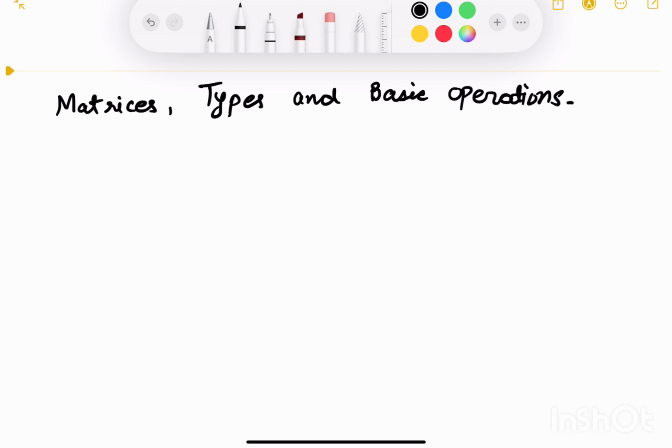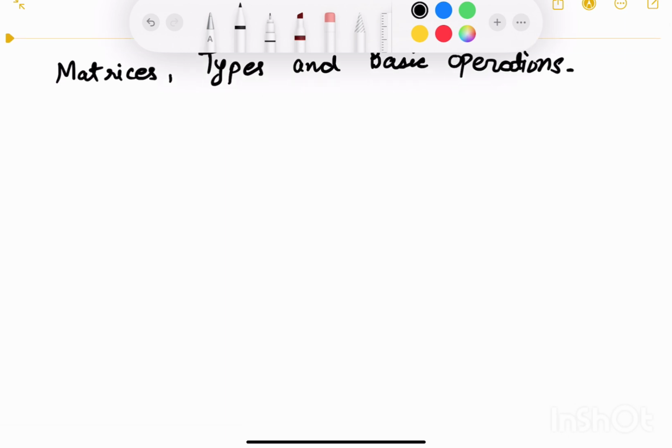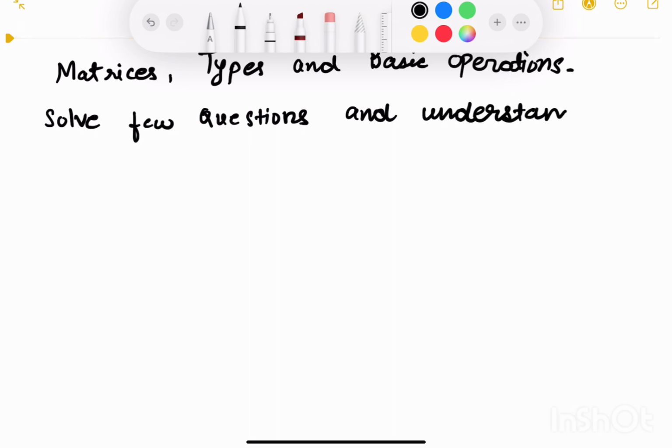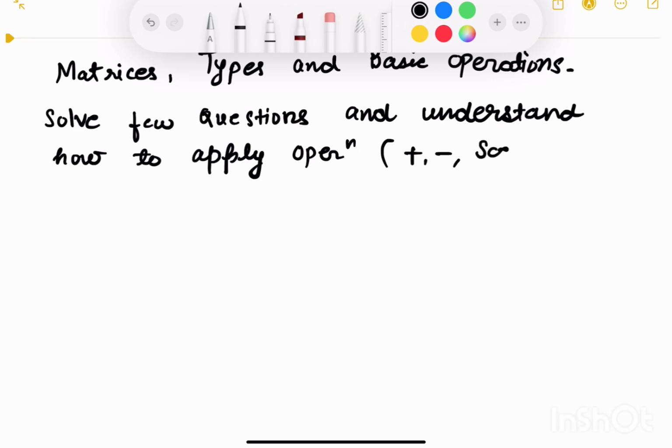What today we are going to do is solve a few questions and understand how to apply the operations which we have studied, that is addition, subtraction, or scalar multiplication, right?